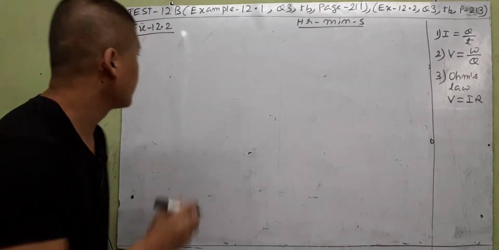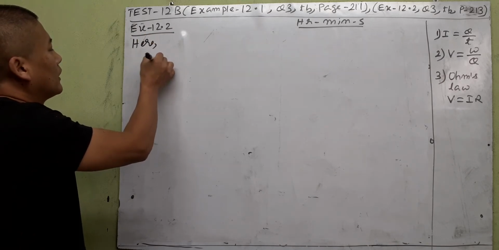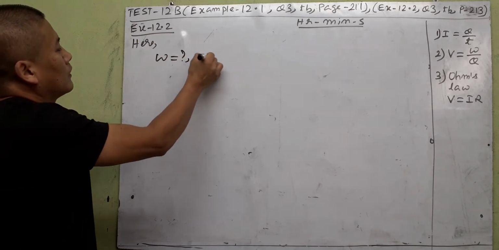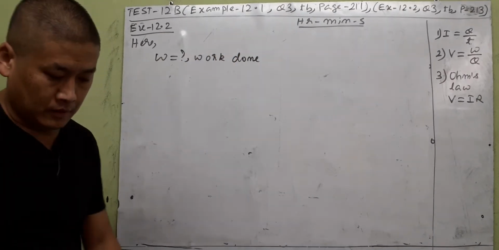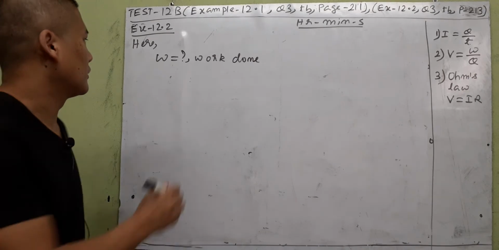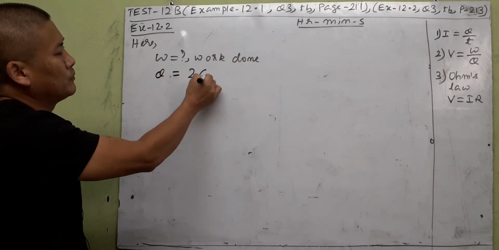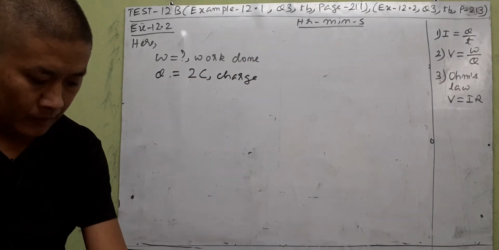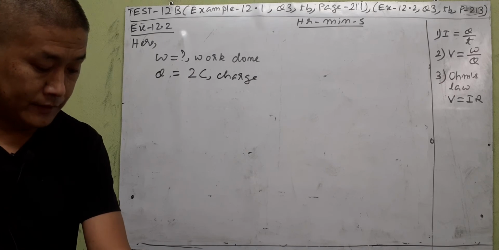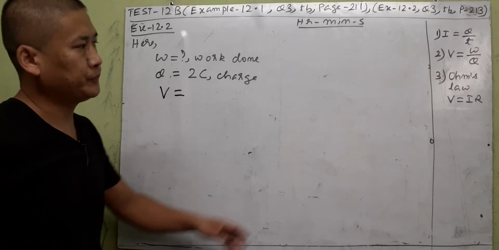So here, start writing. Work done is W. How much work done they're asking, so we have to find this. In moving a charge of 2 coulombs, so charge is Q. We know charge is usually denoted by Q. The unit is coulomb, so this is the charge involved. Then across 2 points having potential difference, so potential difference is usually denoted by V.